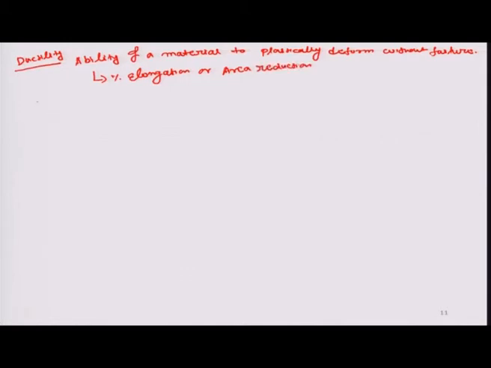What is the percentage elongation? It is the ratio of the difference between final length LF minus L naught divided by L naught, where LF is equal to the length of the specimen at fracture.